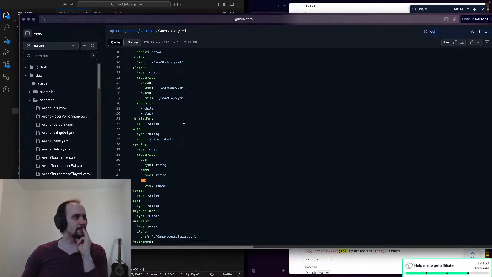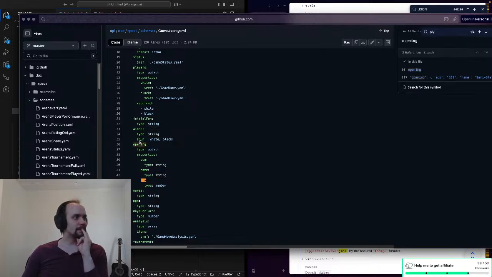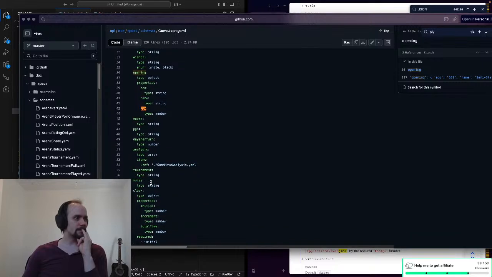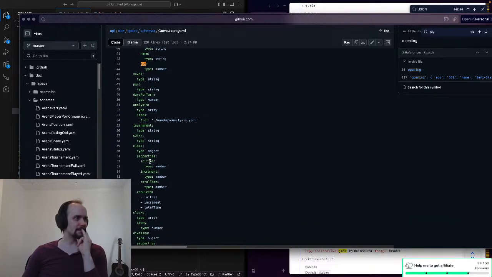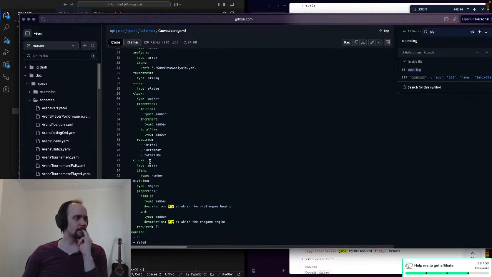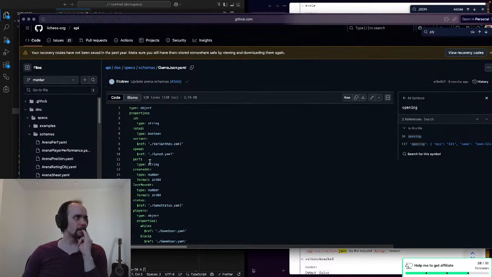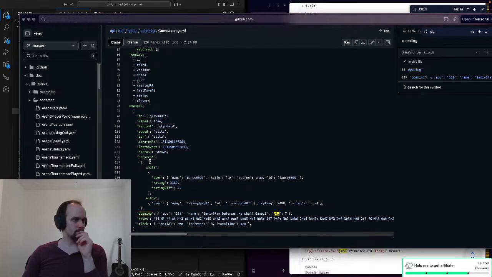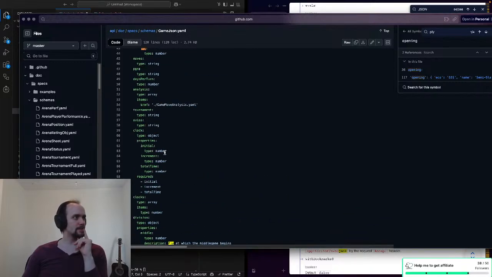So this is saying that opening returns analysis. What is all this? Yeah, I don't know how to get the JSON though. How do you get the JSON?